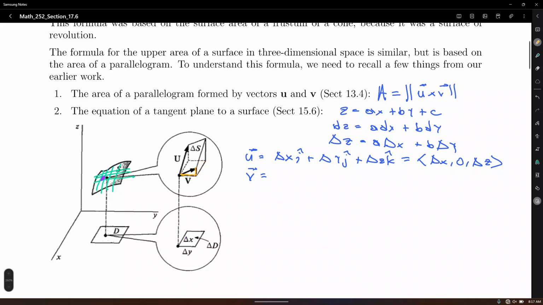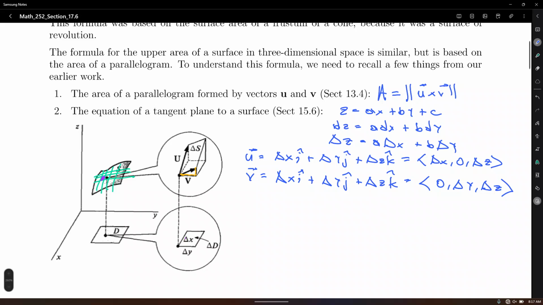So v, which in general is delta x i plus delta y j plus delta z k. But in this case, notice how this time the x component is the one that is 0, isn't it? So this will be 0, delta y, delta z.